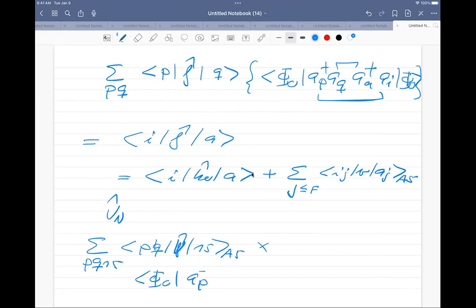And then I have AP, AQ, AS, AR. And then I have this AA and AI acting on phi 0. Now, if you use Wick's generalized theorem and the contraction rules for particle and hole states, what should this become?